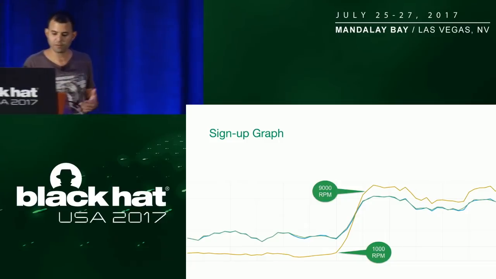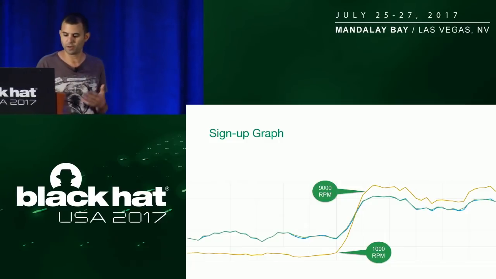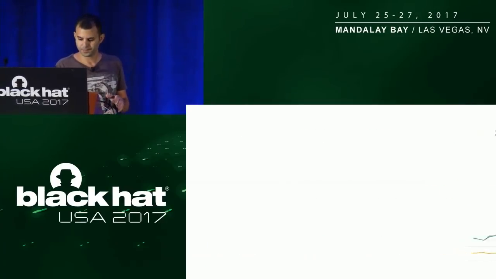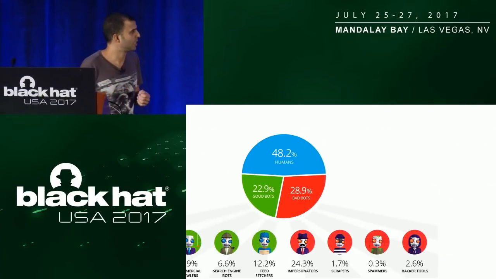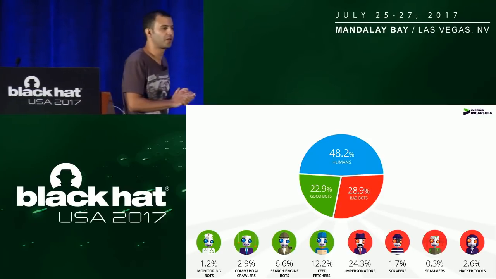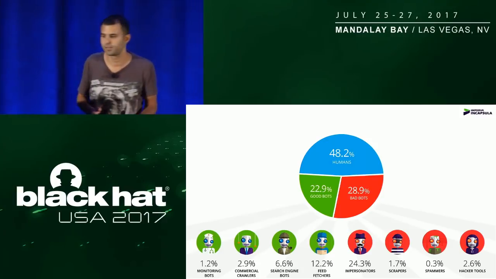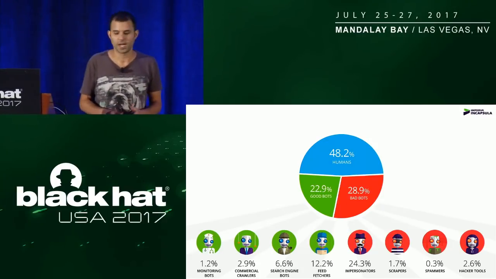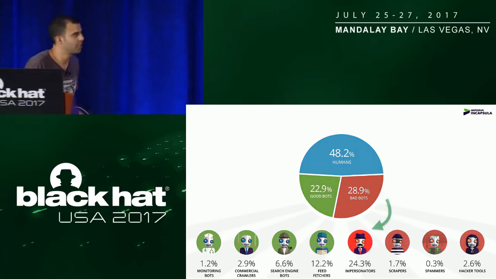Now, before we dive into the interesting part of this attack, a few words about bots. According to Imperva, the majority of the traffic on the internet today is done by bots. Most bots are bad bots, and most of the bad bots are impersonators.